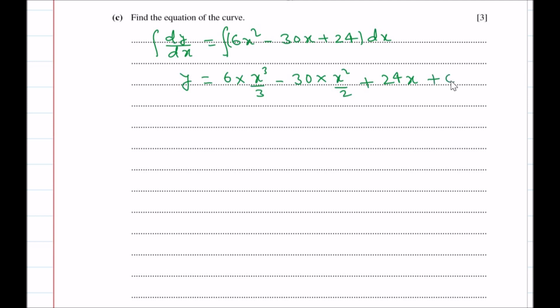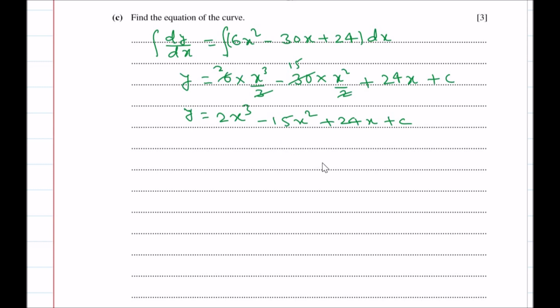Okay. Now let us simplify this. So we get y equal to 2x cube minus 15x square plus 24x plus c, right?